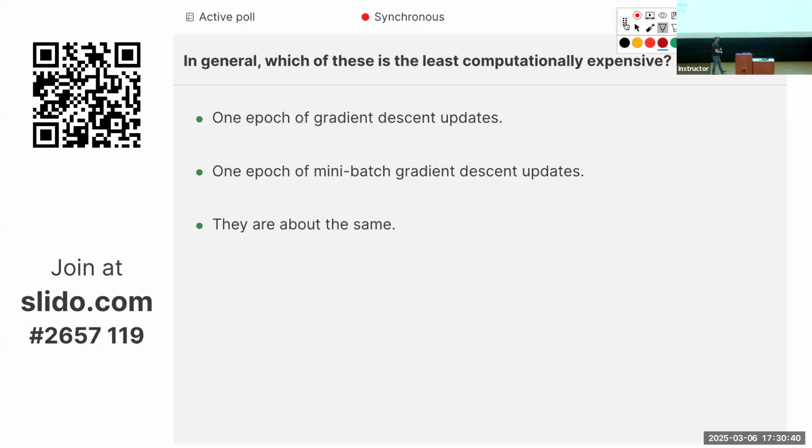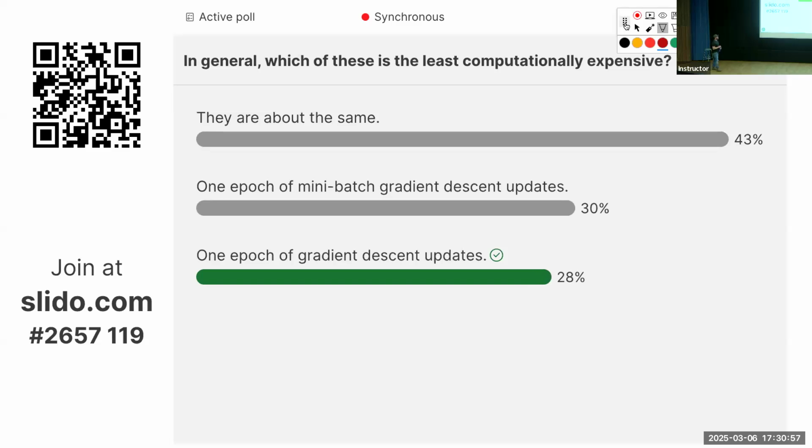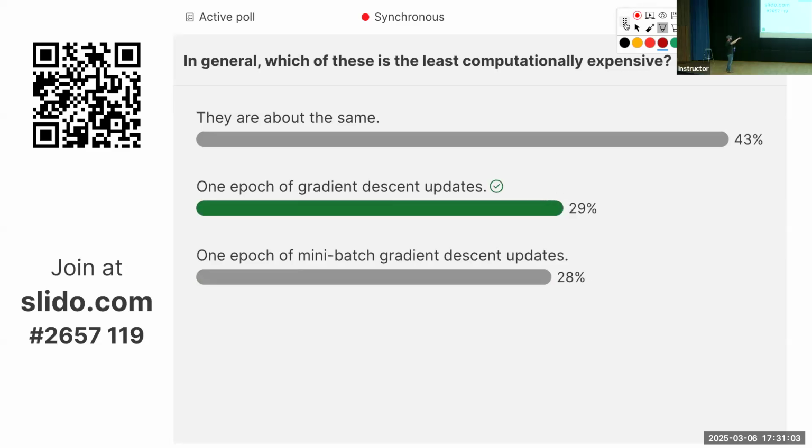An epoch is a pass through all n data points. What does that get you for gradient descent? What does that get you for mini batch gradient descent? So one epoch of gradient descent updates is going to be the least computationally expensive. Quite a split here.